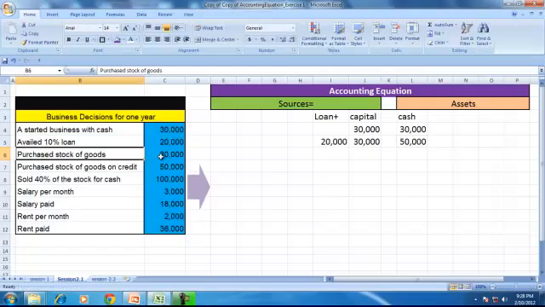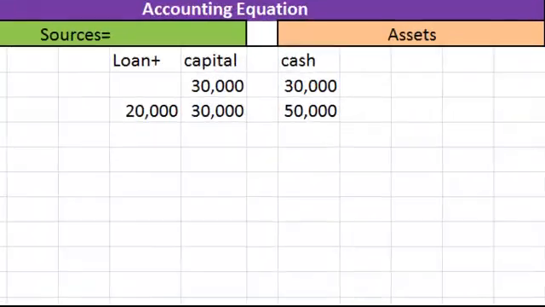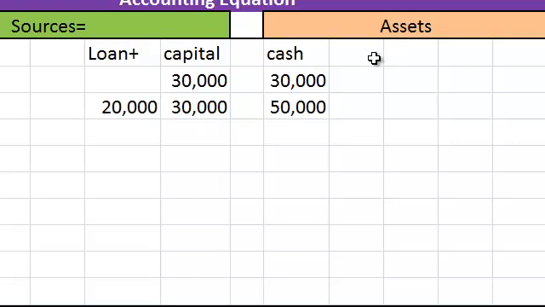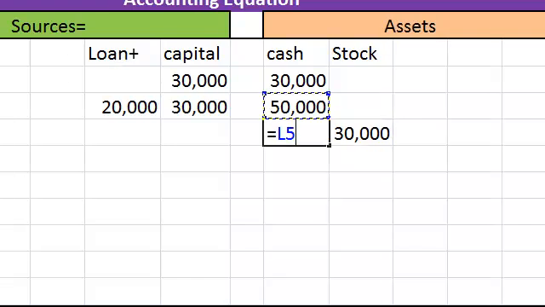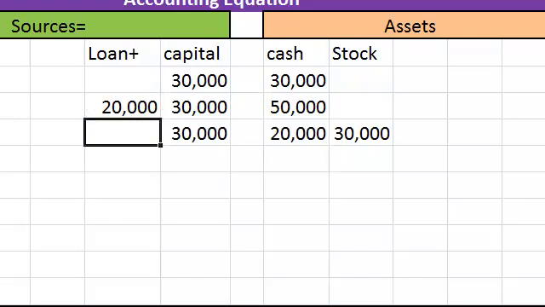Now they purchase stock for cash, 30,000. So the stock goes up by 30,000, whereas the cash reduces by 30,000. No change in the capital, no change in the loan.